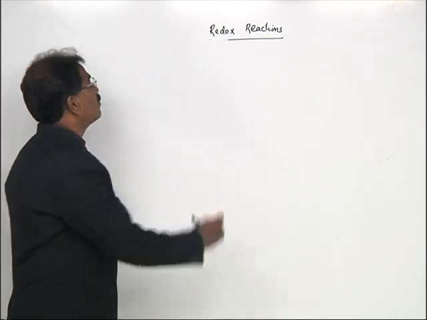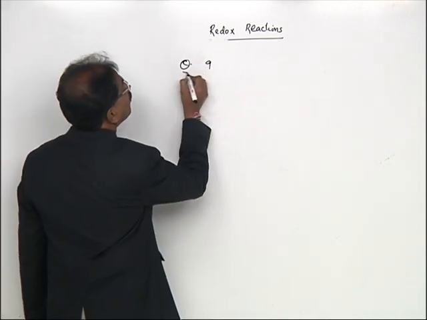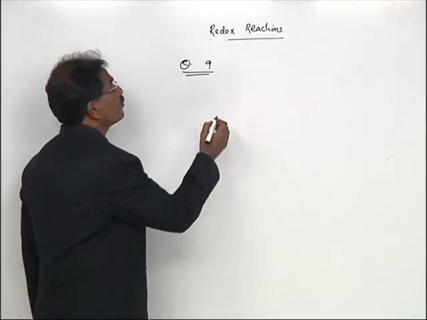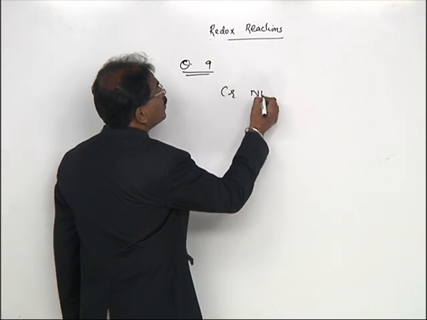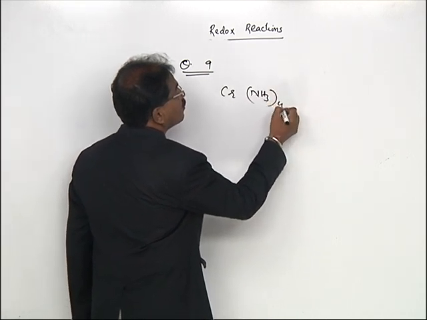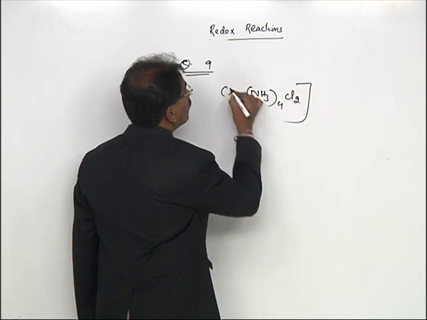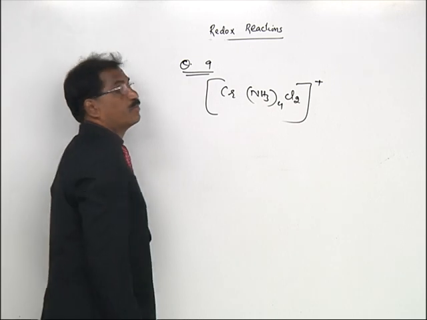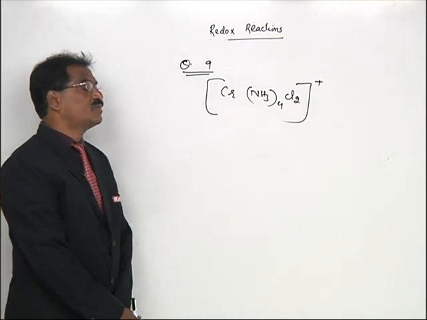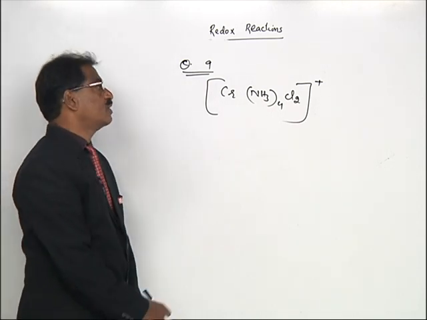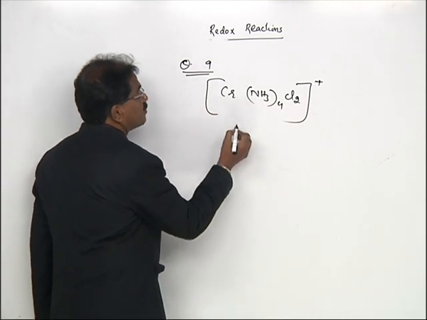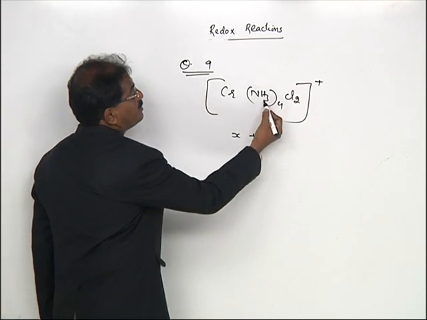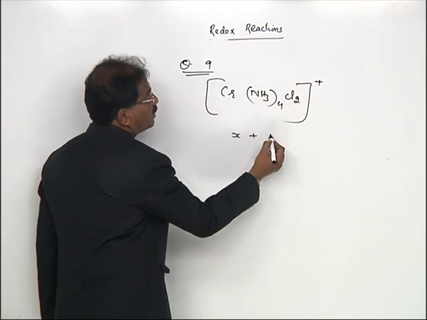Next, question number 9. The oxidation state of chromium in the chromium ammonia complex given. This is the complex given in the problem. Now we have to determine the oxidation state of chromium in this complex. Let us assume the oxidation state of chromium is X. NH3 is a neutral ligand, so 4 neutral ligands are present.